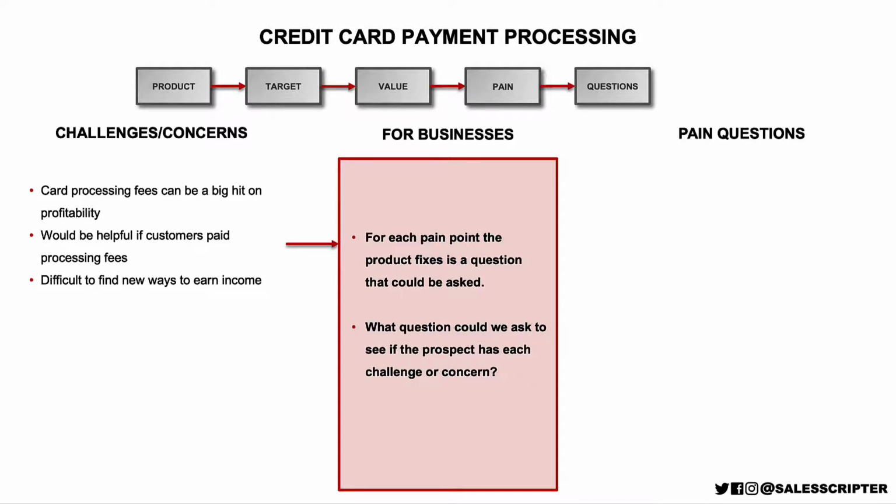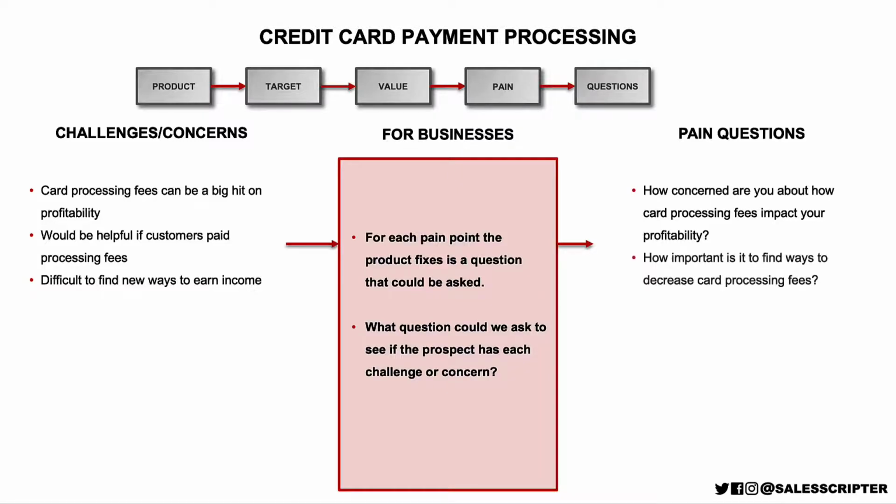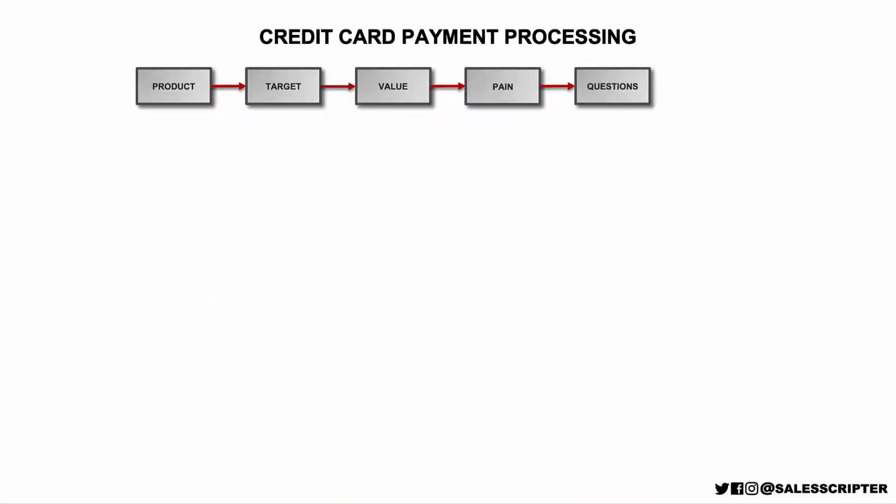And when we're creating these questions, we still want to keep in mind the target audience for this sales pitch. And with that, we can come up with this set of pain questions. How concerned are you about how credit card processing fees is impacting your profitability? How important is it for you to find ways to decrease credit card processing fees? How helpful would it be to earn additional income when processing payments? So those are what I refer to as pain questions.